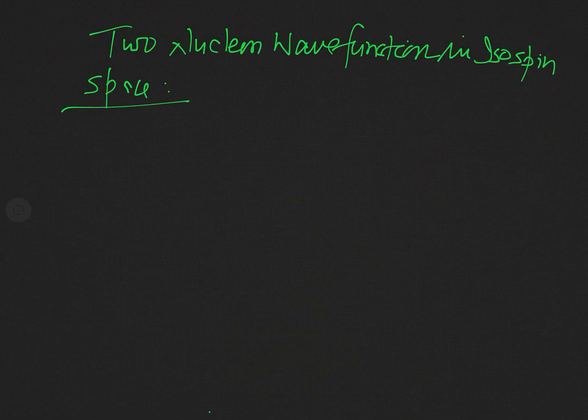The total isospin of a two-nucleon system is defined as the vector sum of the isospin of the first nucleon and the second nucleon.